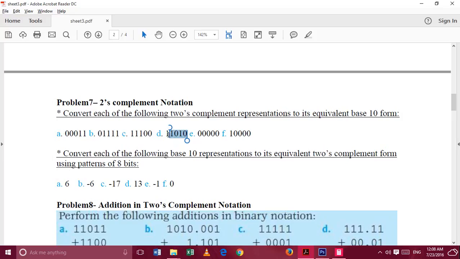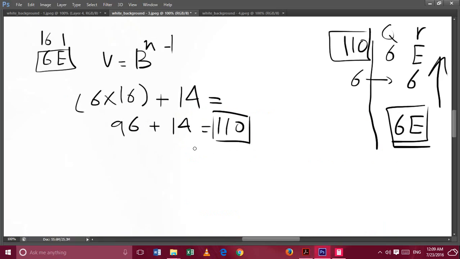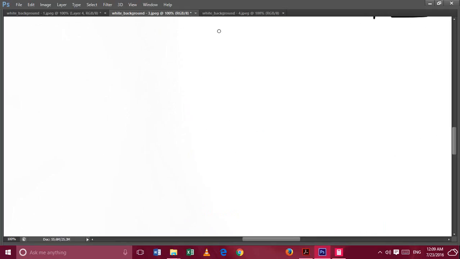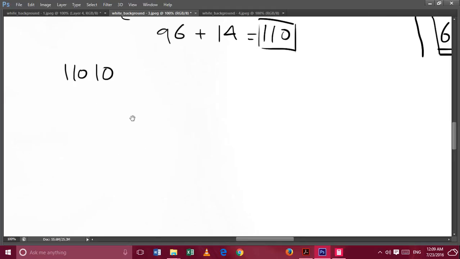So let's start with this number. There are 2 ways to do this. This is 11010. Let me drag this up a little bit. So we need to convert 11010 from 2's complement to its decimal equivalent.